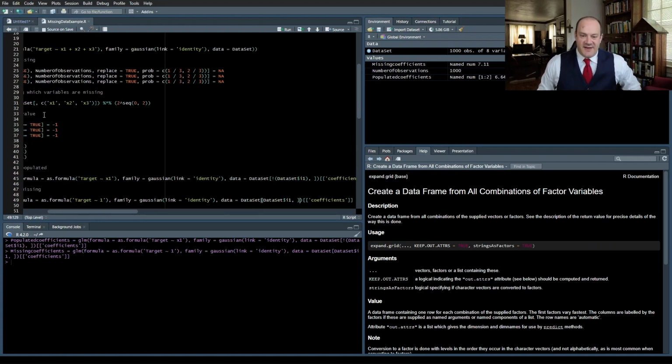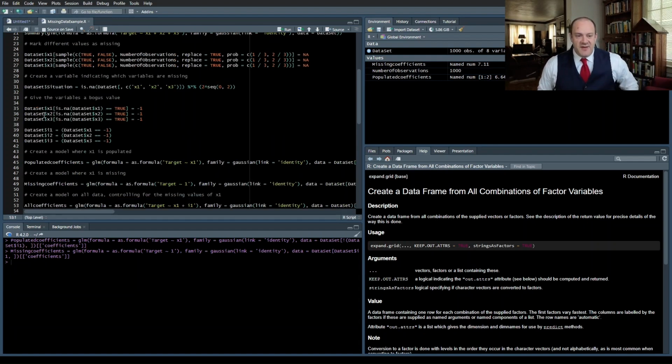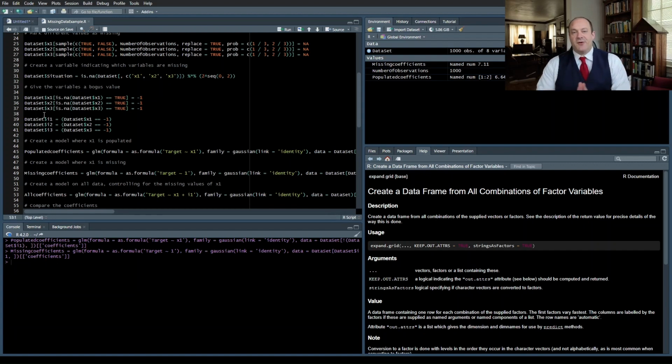What we've done is we've simply said, here's the data where the indicator's turned on. That is to say, we are just going to take a look at the sample average where the predictor variable is missing.